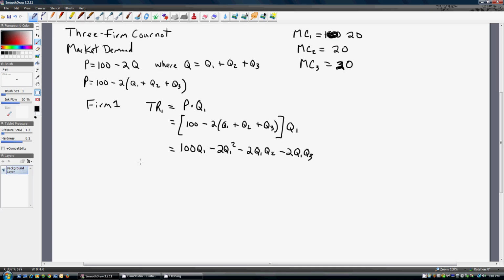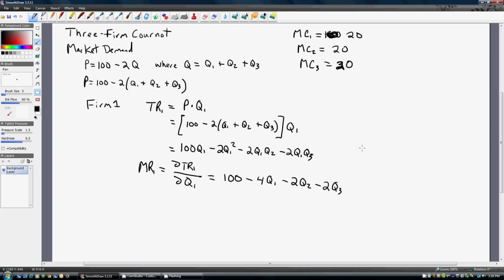The next thing is to get marginal revenue. We're going to do that by taking the partial derivative of firm 1's total revenue function with respect to its output. Okay, so that's firm 1's marginal revenue.